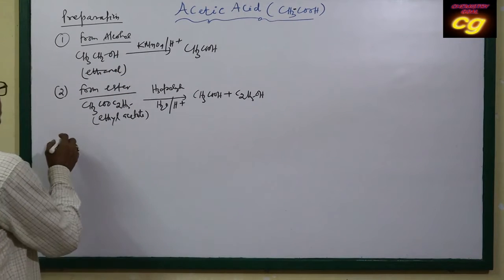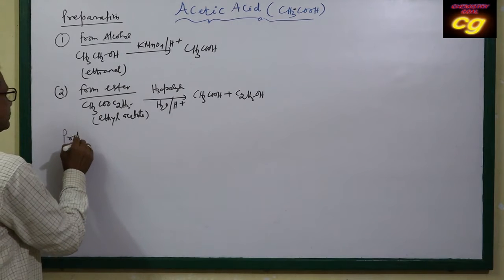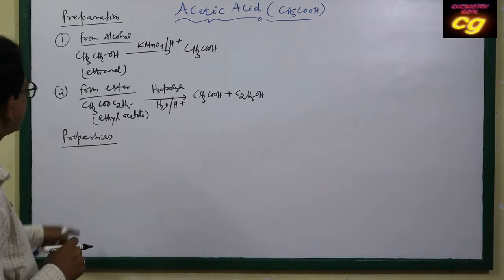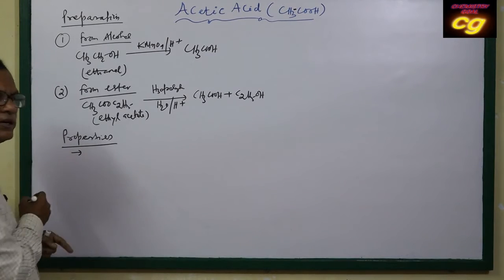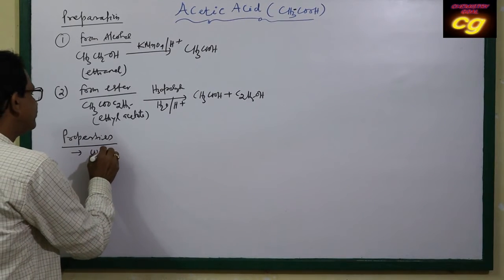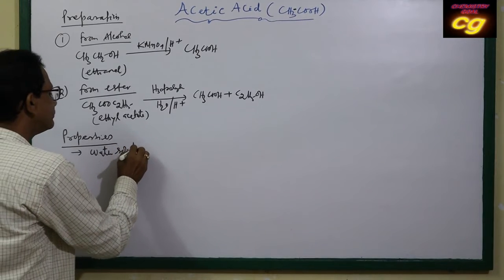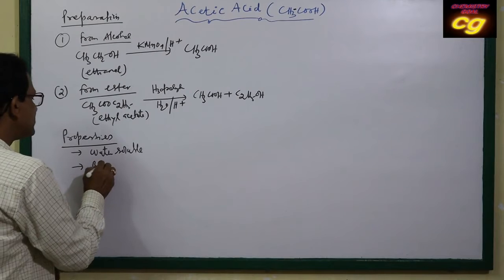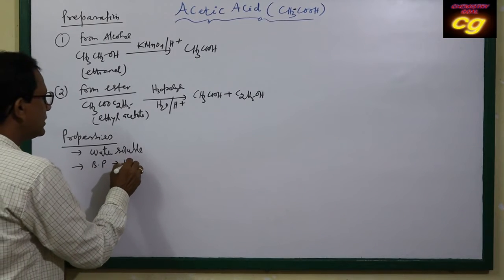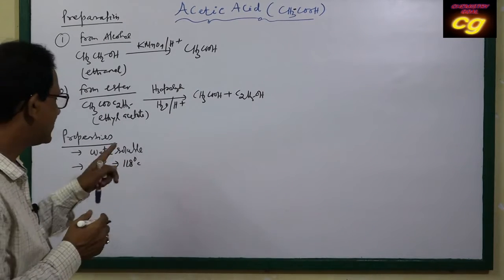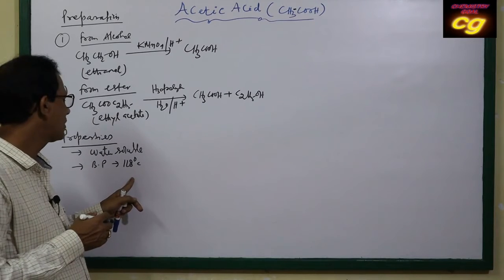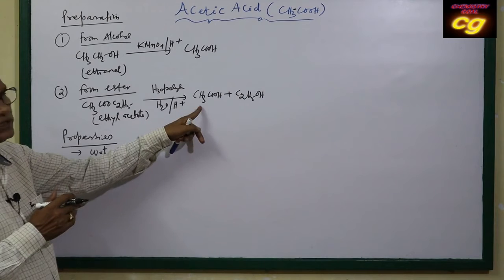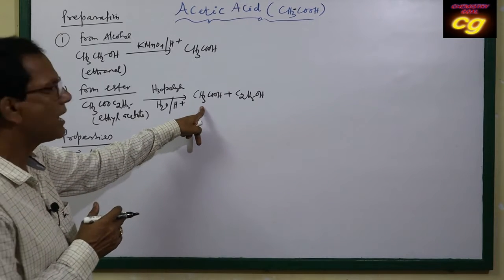Then the properties of acetic acid. First, an important property: it is water soluble. The boiling point of acetic acid is around 118 degrees Celsius, which is greater than water and alcohol, because the intermolecular attraction of acetic acid is greater than that of alcohol and water.